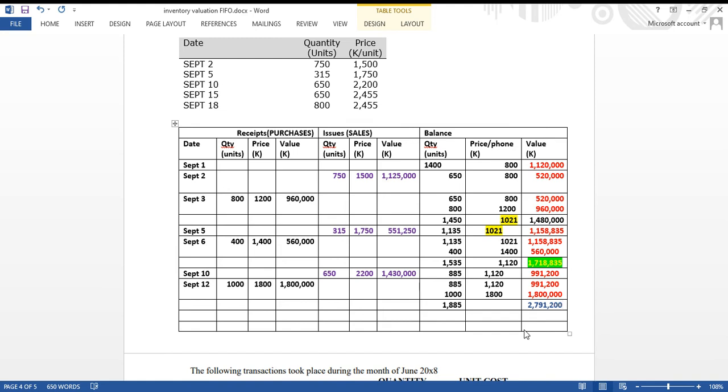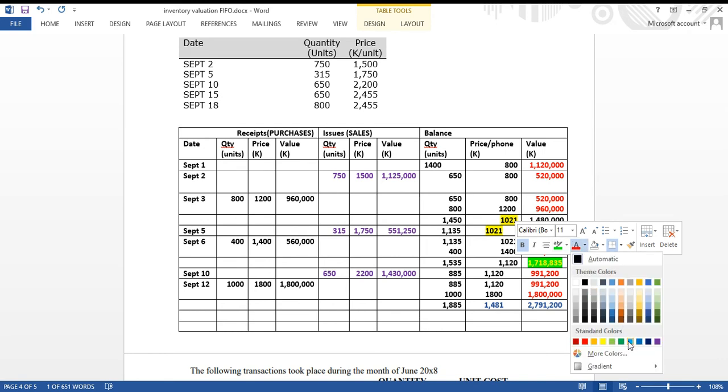We get 2,791,200, and we divide that by 1,885. We get 1,480.7, which we can round off to 1,481. Queries, questions?